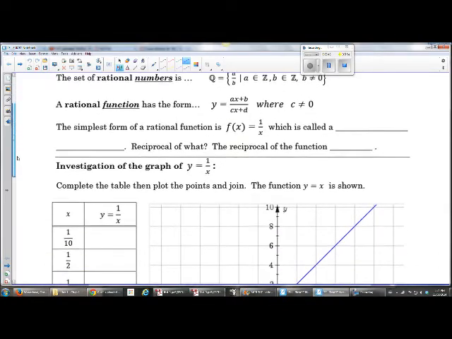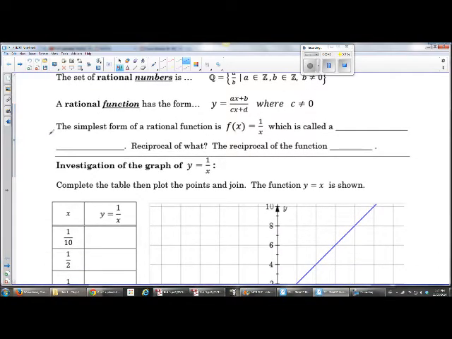The simplest form of a rational function is f of x equals 1 over x, which is called a reciprocal function. The reciprocal of what, you may ask?